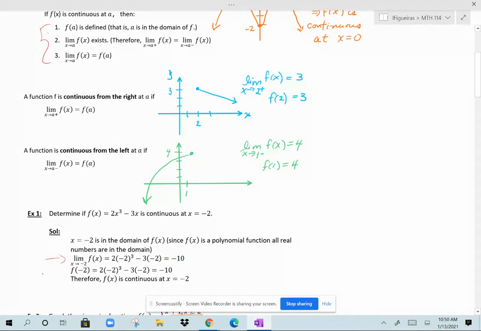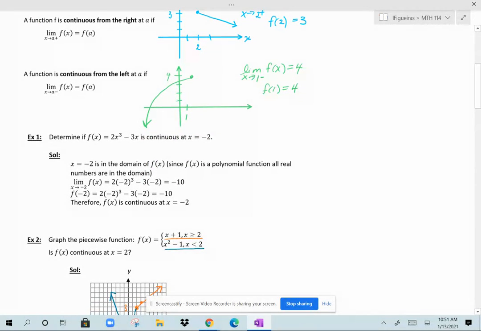When you evaluate f of -2, because it is in the domain, it is also equal to -10. When the limit value and the function value are equal, then you can conclude that your function is continuous at -2. So if you're asked to prove if a function is continuous at a particular value, you basically have to show that the limit exists and the function exists and they are both equal.